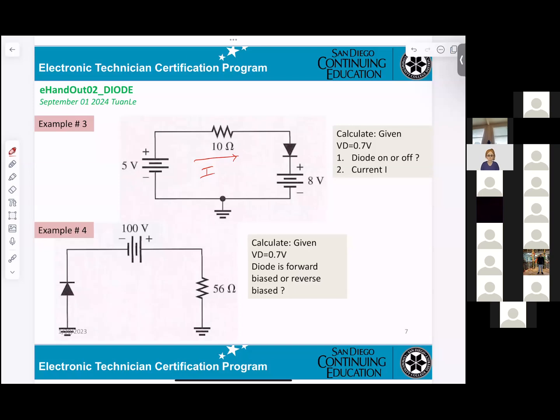First thing, you're looking at the circuitry, tell me diode on or off. High potential to low potential. The diode on or off in example number 3.